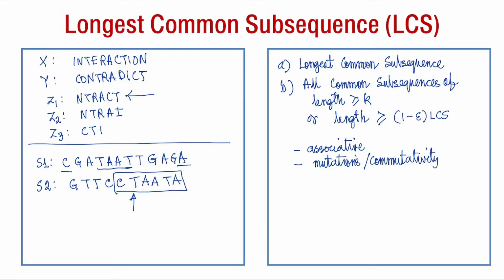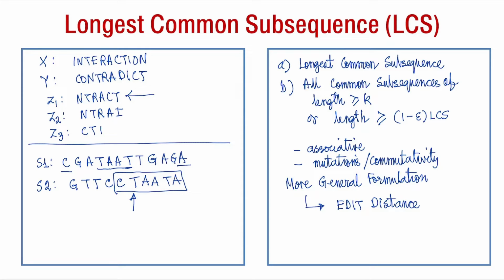And based on such stuff, we will end up in a more general formulation. And this more general formulation comes under the category of edit distance. And we shall briefly discuss the edit distance. But before we proceed, let us now look at the way in which we try to solve the longest common subsequence problem.